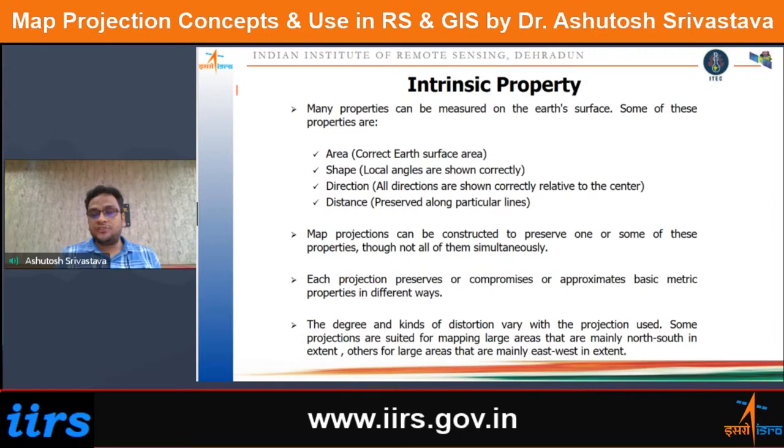And some map projections will be used for east-west extent. Countries which have an east-west extent, like China, Russia, and USA, have more east-west extent. But the projections we use for those, we may not use for the north-south extent. So we will use different map projections here.